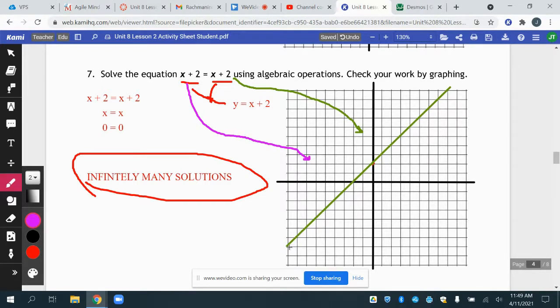I'm still graphing 2 lines. The thing is, though, they're not really 2 lines. They're the same line twice. When do these 2 lines cross? Always. Always.